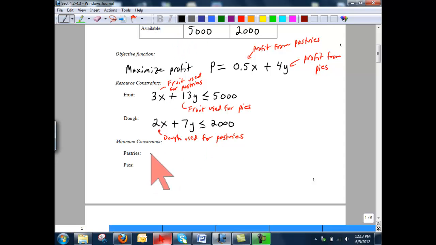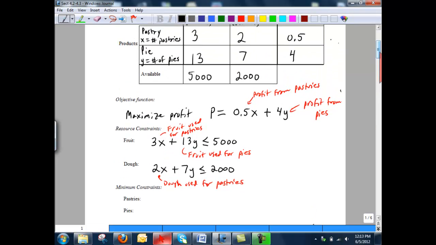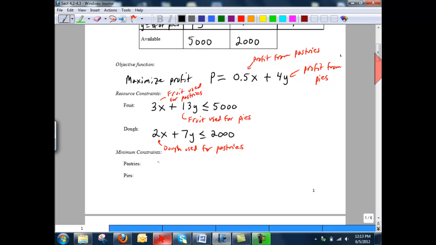There's one more thing to point out. X and Y are physical variables. They have physical meanings. They are the number of pastries and number of pies, respectively. And those numbers have to be non-negative quantities. I can't make negative 17 pies or negative 35 pastries. So I also, for physical reality, need X to be greater than or equal to 0 and Y to be greater than or equal to 0.